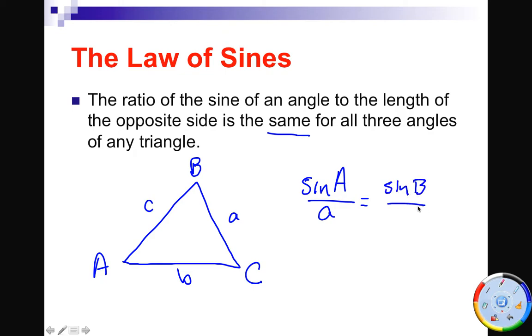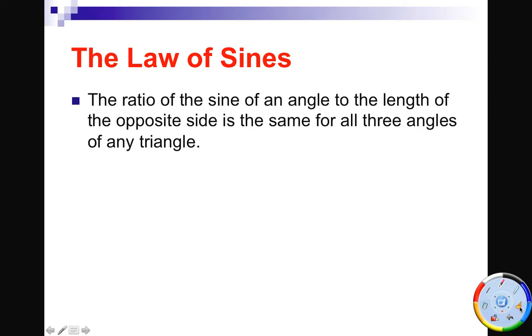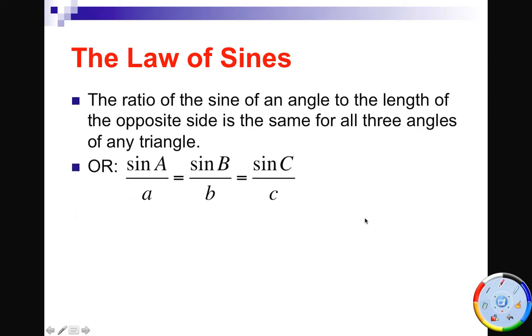So we have sine of B and little b and sine of C and little c. And that actually is our formula. So we have the sine of A over a is equal to the sine of B over b and the sine of C over c.